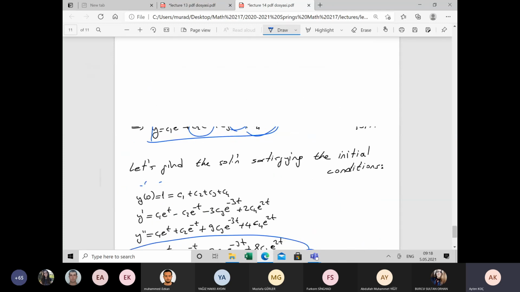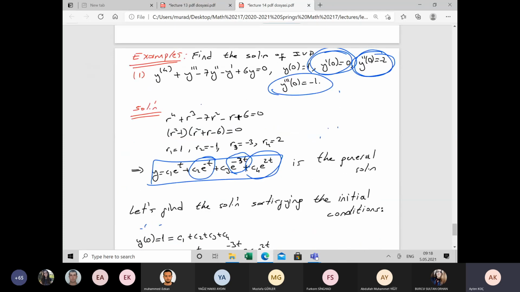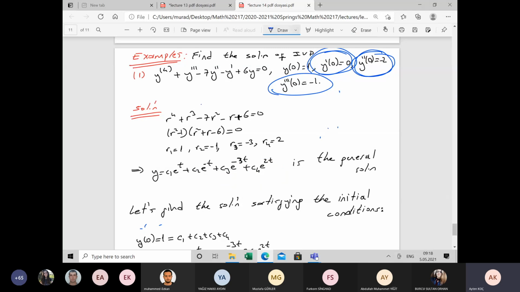Because our aim is to get C1, C2, C3, C4 in this general solution. How do we get them? Our solution must satisfy the initial conditions.